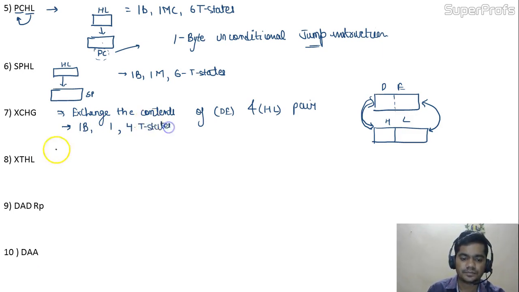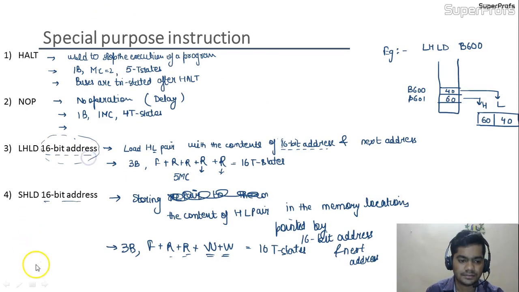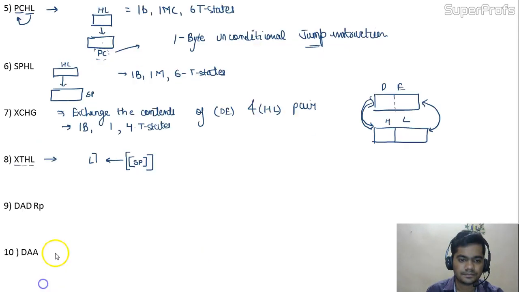So this is XCHG. So it would also be a 1 byte instruction, 1 machine cycle, and 4 T states. Okay, now we are going to see XTHL. So what XTHL is going to do, whatever data is present at the top of the stack would be transferred to the L register content.